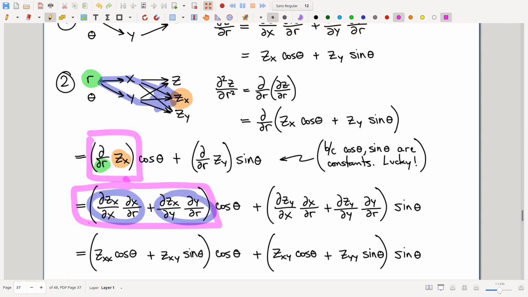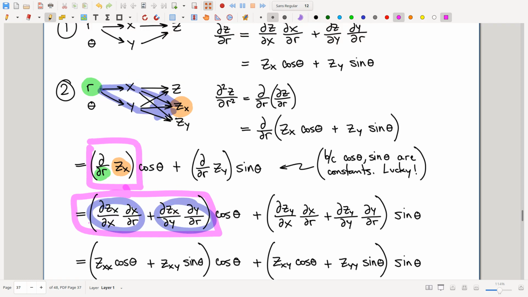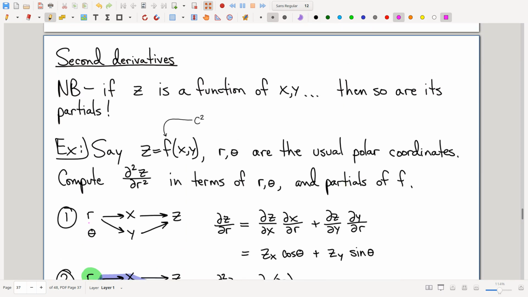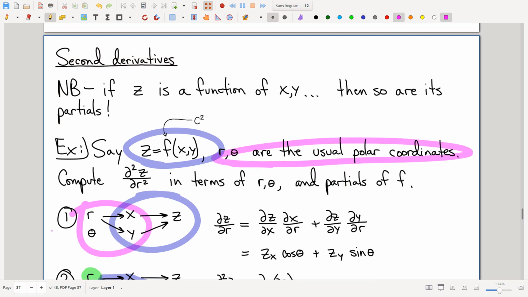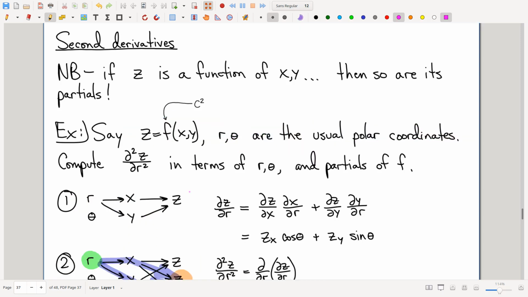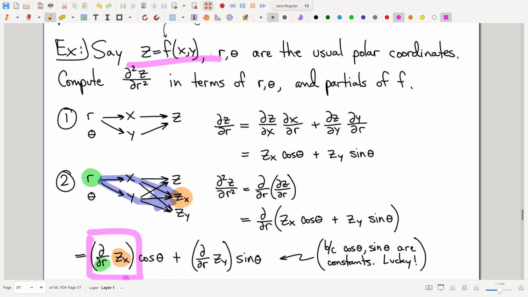Yeah. How did you create that diagram? Yeah, so the idea was, I started off, right? We were initially told z is a function of x and y, and that r and theta are polar coordinates. So I had that, right? And then I just made this interpretation that, look, if z is a function of x and y, so are its partial derivatives.